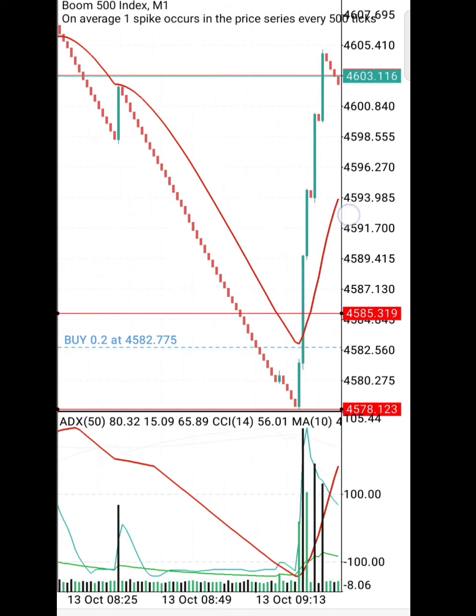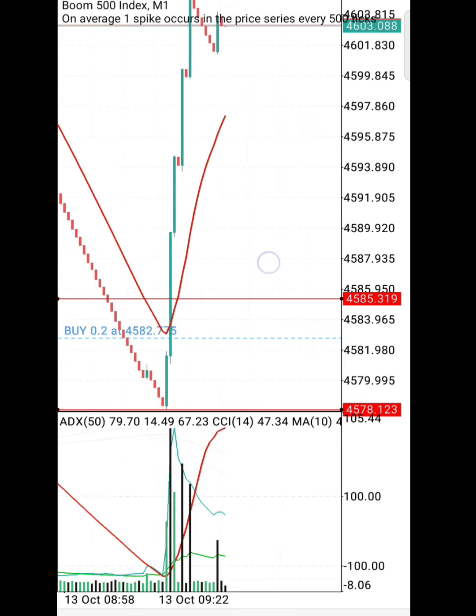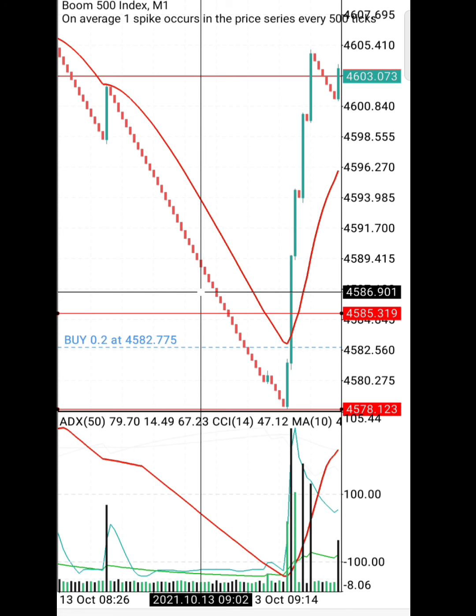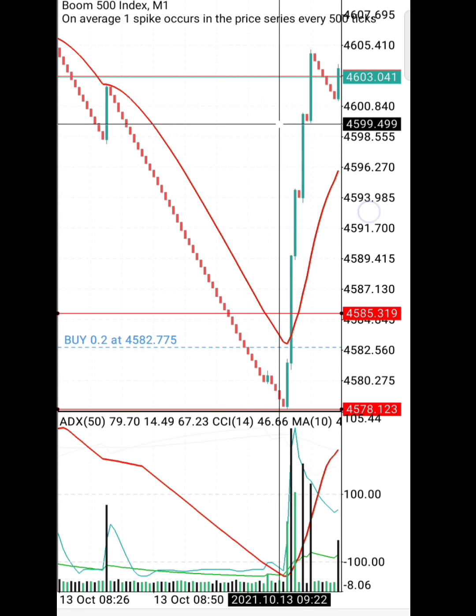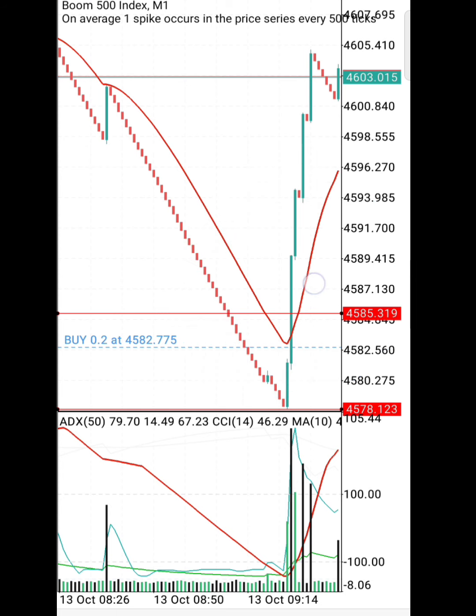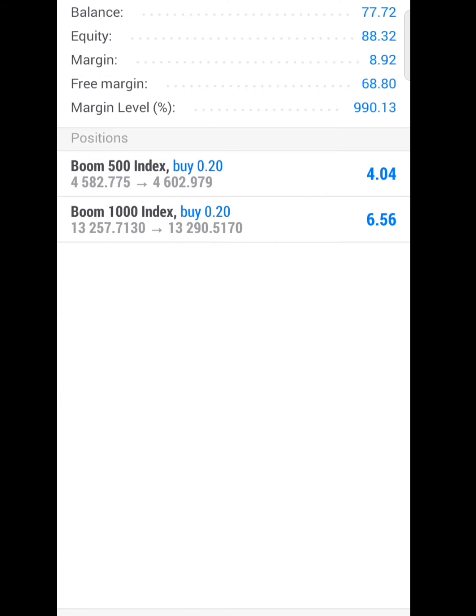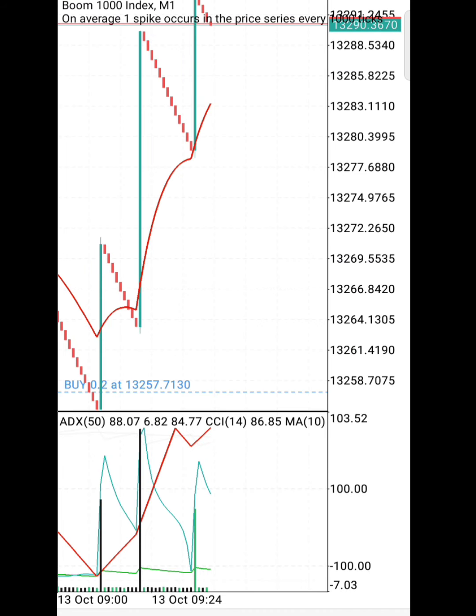Remember, guys, I told you that if it doesn't spike before it gets to this point, I'm going to take profit. So it's still on. You can see a profit of $10 using this crash and boom strategy. Just very simple, guys. All you need to do is understand it.